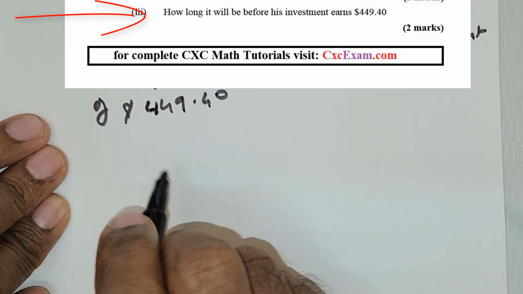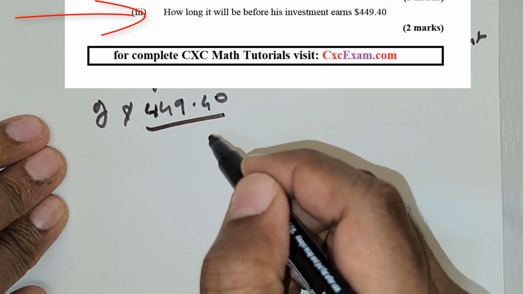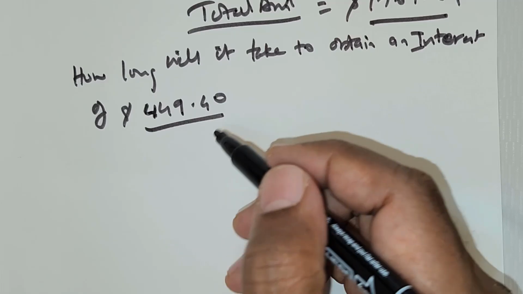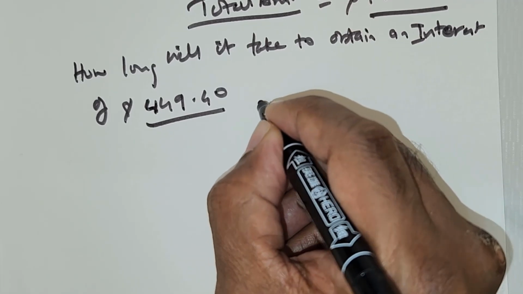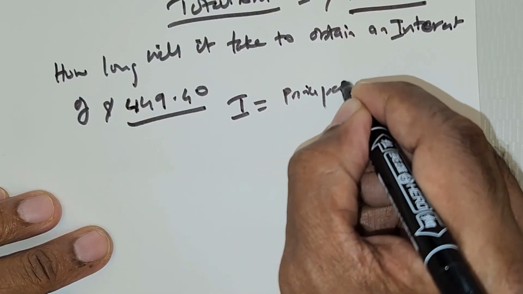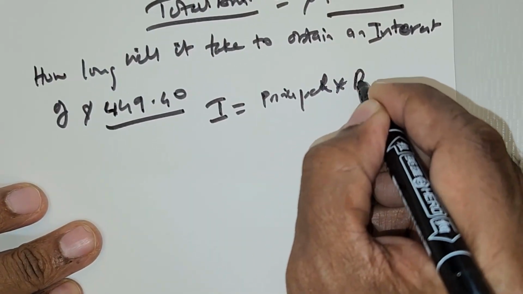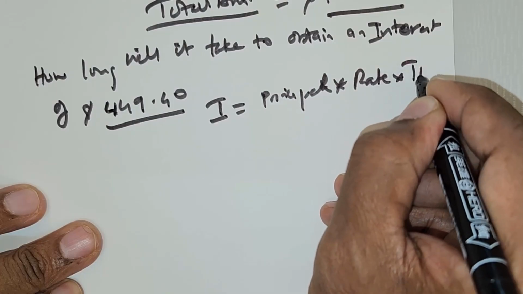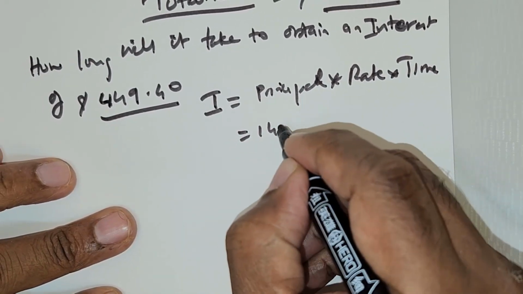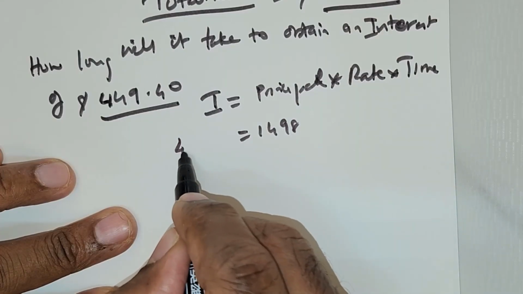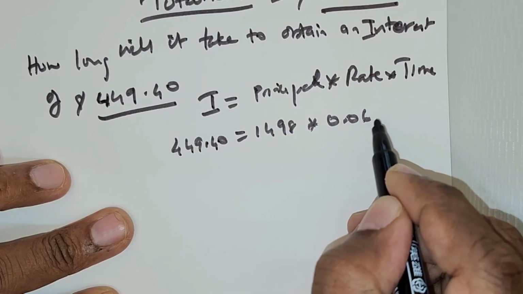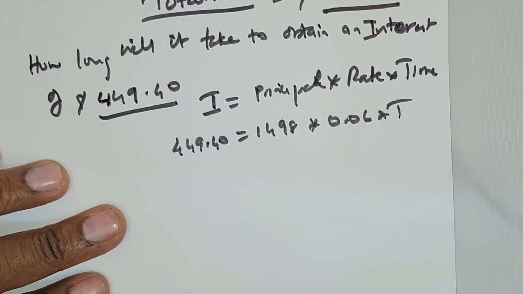Everything requires time, right? So money also needs time to multiply. So how do we do this? We have to use interest is equal to principal times the rate times the time. Principal I know, 1498, the interest I know, 449.40, the rate I know, 0.06, but the time I do not know.